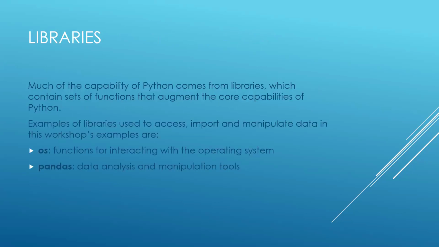So if you install Python and nothing else, you can do a lot with Python, but it's almost like when you get a smartphone. You take it out of the box, and you can already do some good things with it at that point.